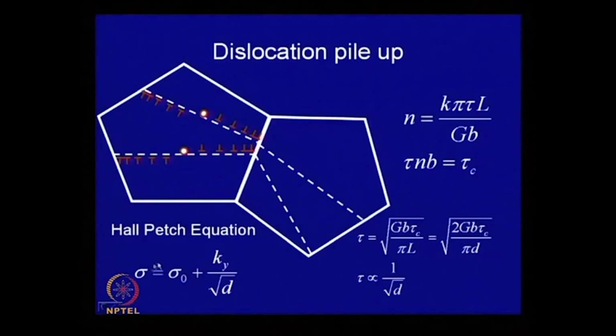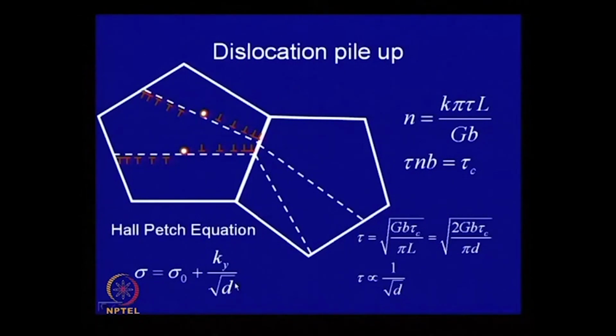This is the friction stress, sigma 0, and this is the contribution of the grain size effect on strengthening. This is k y over root d, and this equation is known as the Hall-Petch equation.